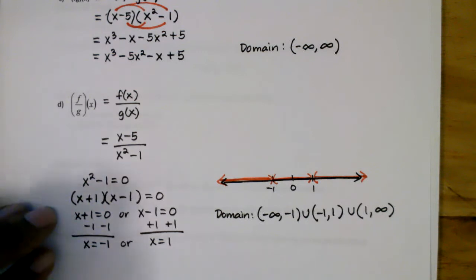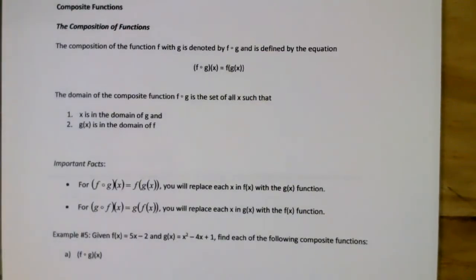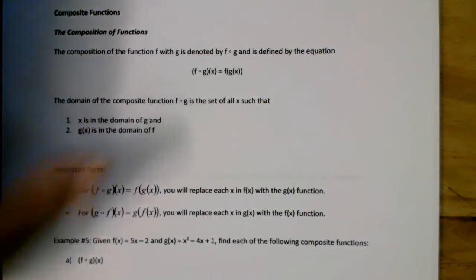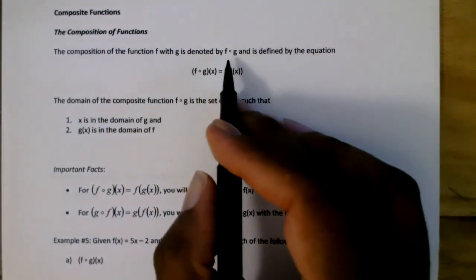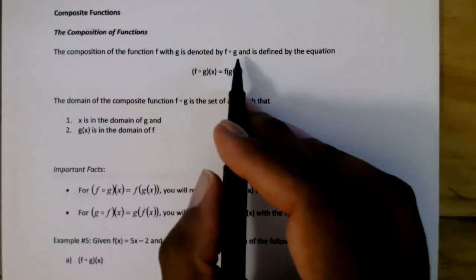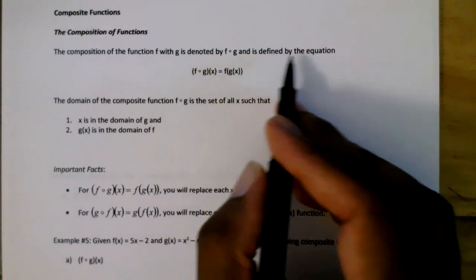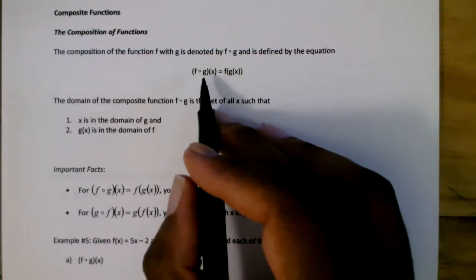All right, next we'll look at the composition of functions, or composite functions. The composition of the functions f with g is denoted by this notation, f circle g, and it is defined by this equation.